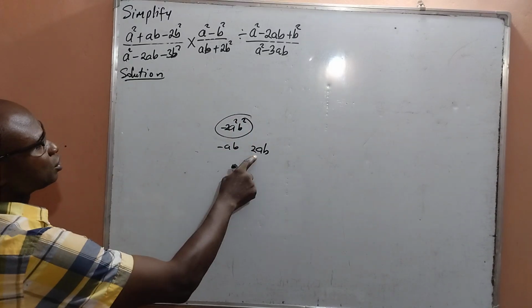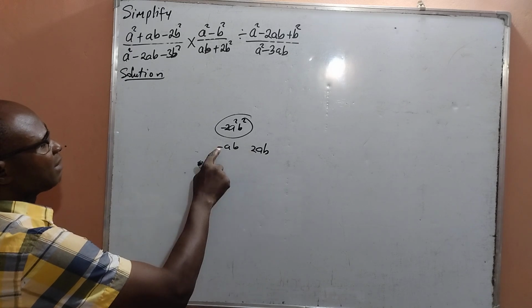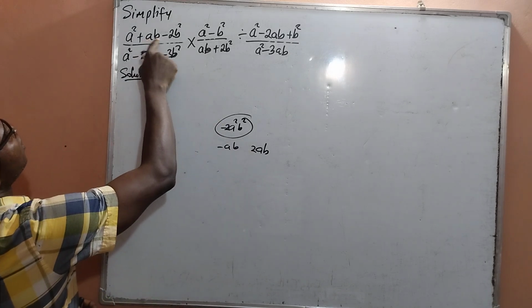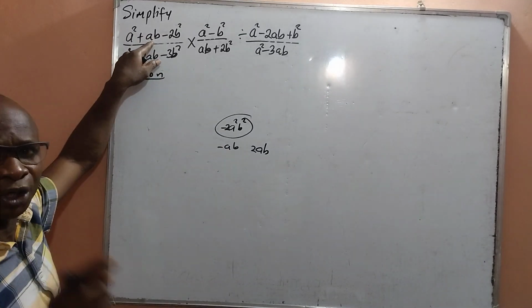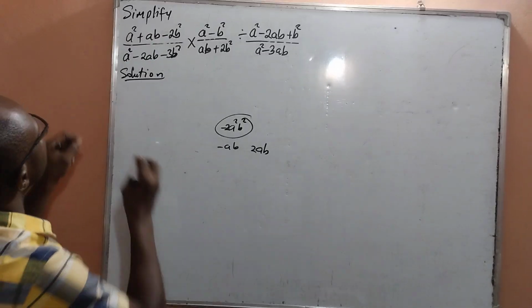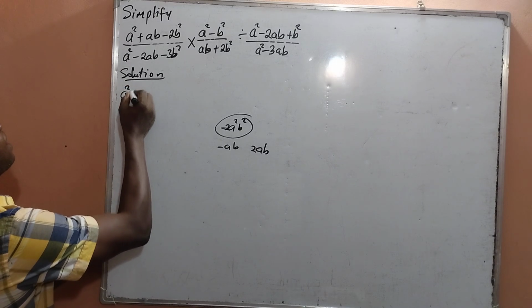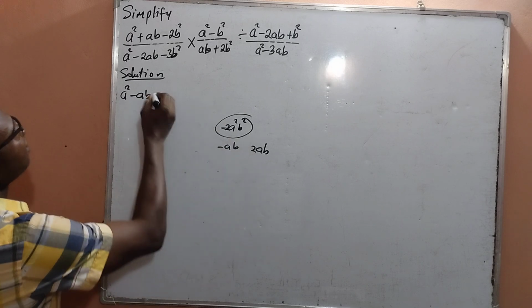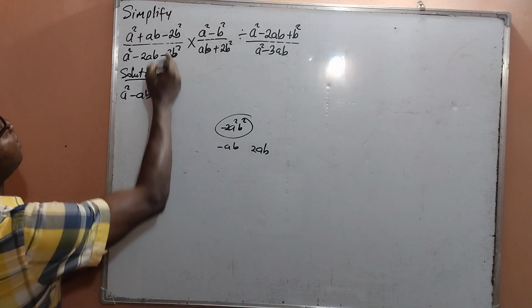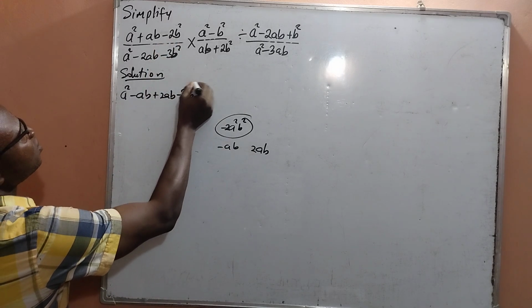And if I add the two, that is 2ab minus ab, it is going to give me ab. So I'm going to use these two terms to replace the middle term in the numerator of the first expression. That is going to be a squared, then minus ab, then plus 2ab, then minus 2b squared.